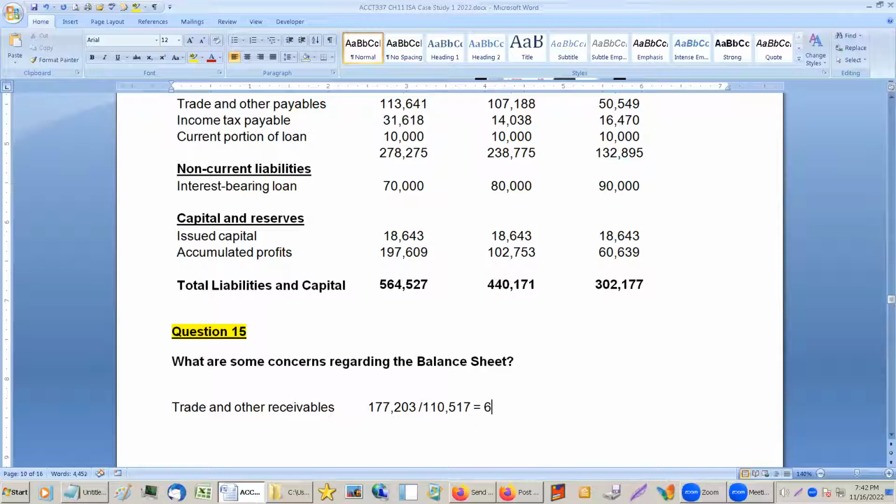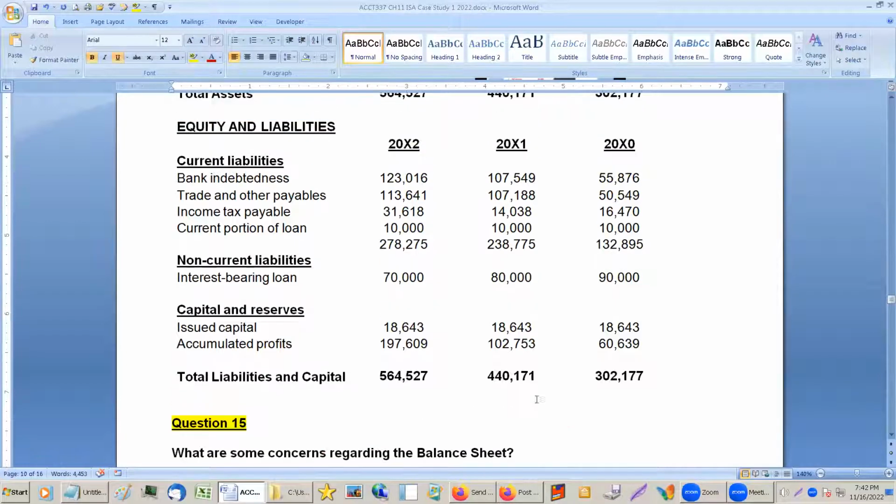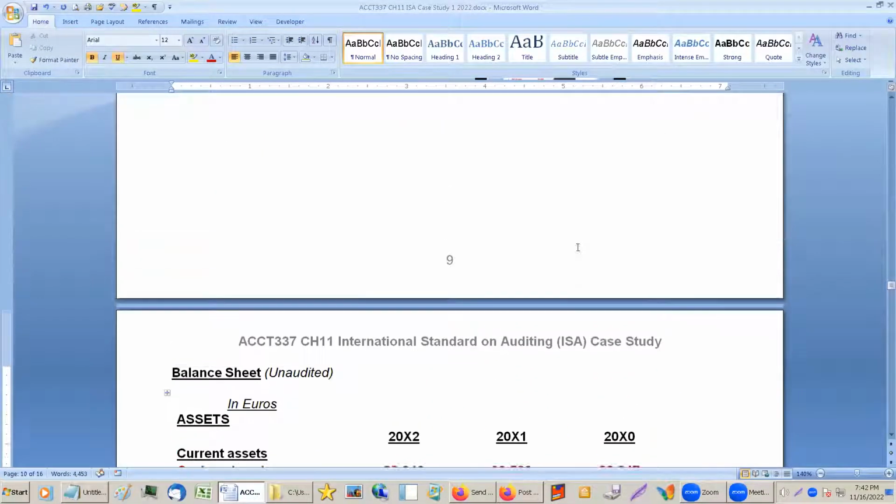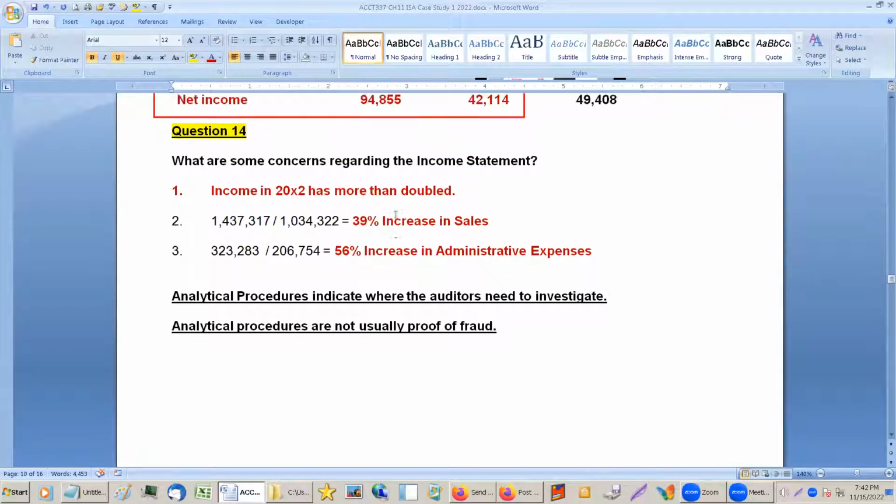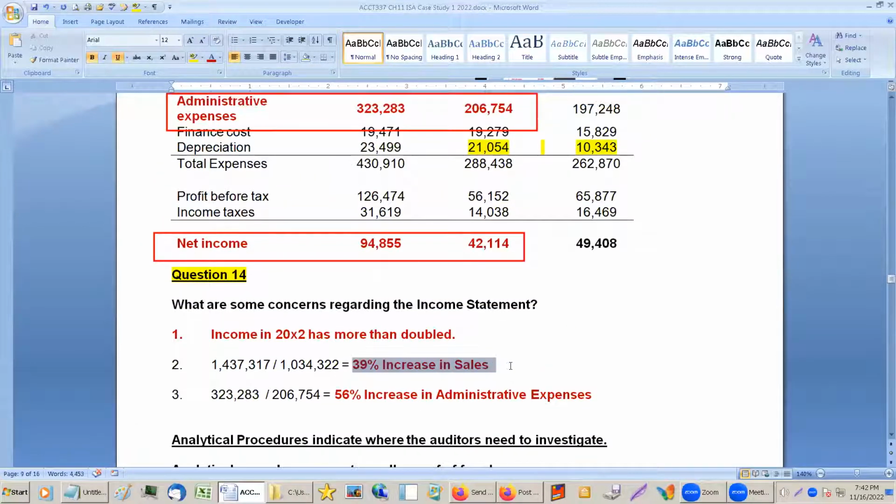Yeah, this is 60%. So you have a 60% increase in trade and other receivables, but up here in our sales, we have a 39% increase.